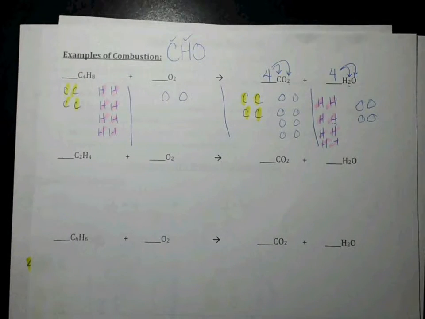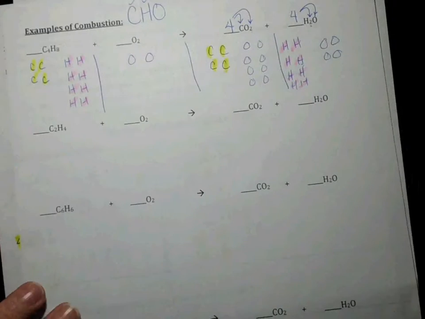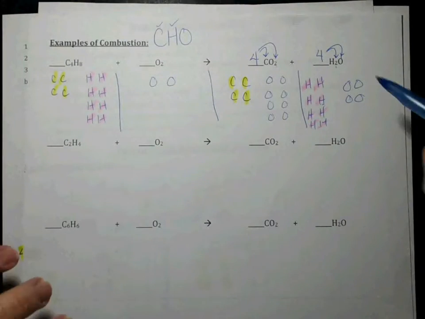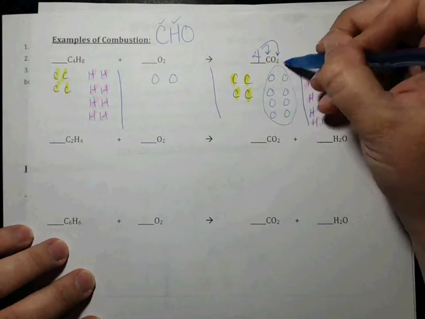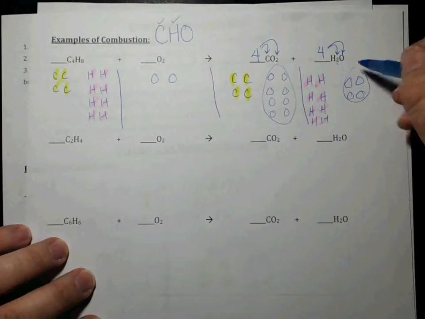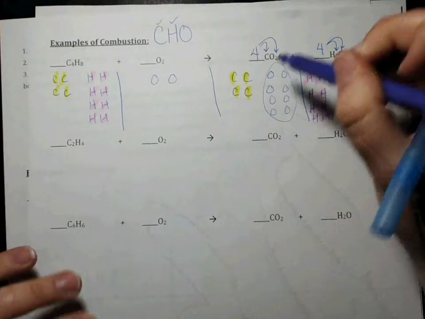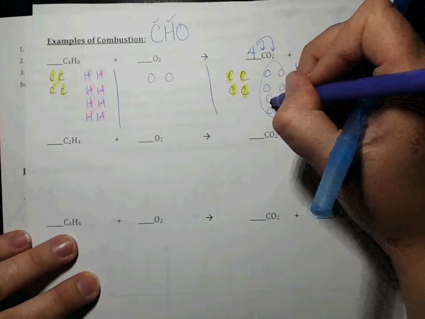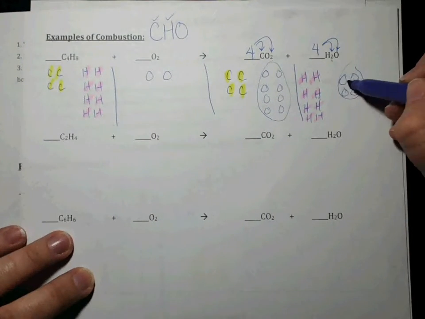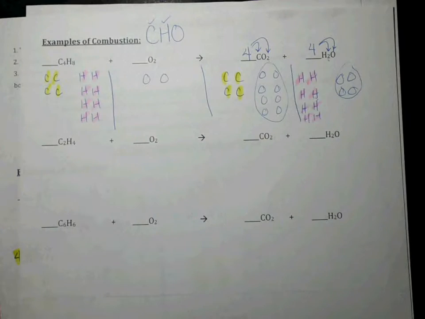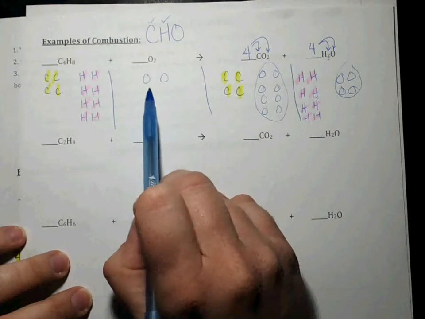Now we can take a look at the oxygens. Remember that all these oxygens that are on the right side get counted together versus the oxygens on the left side. So over here I have 1, 2, 3, 4, 5, 6, 7, 8, 9, 10, 11, 12 oxygens versus only 2 on the left side.